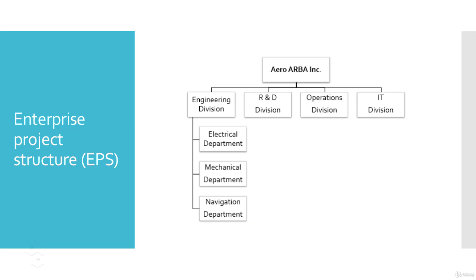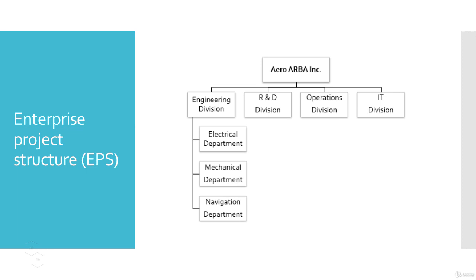The electrical department is where we handle all the electrical parts in the airplane, such as air conditioning and lighting, etc. Then of course the mechanical department, and that's where we deal with the mechanical parts such as repair and maintenance of the airplane engines. And after that, the navigation department, which is responsible for handling all the electronic and communication related activities and issues in the airplane.